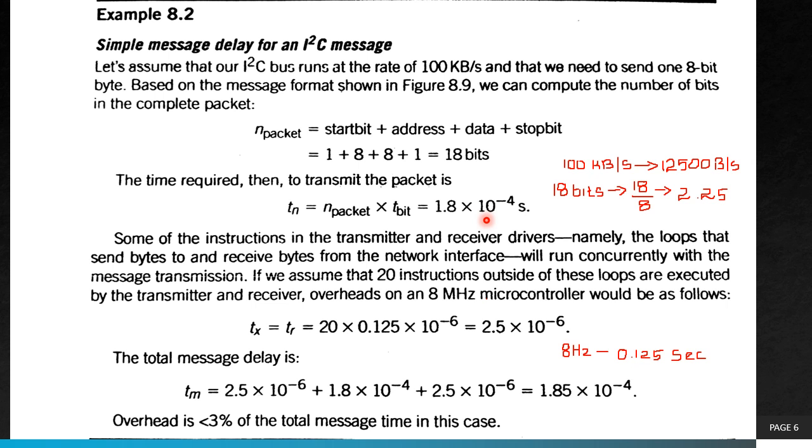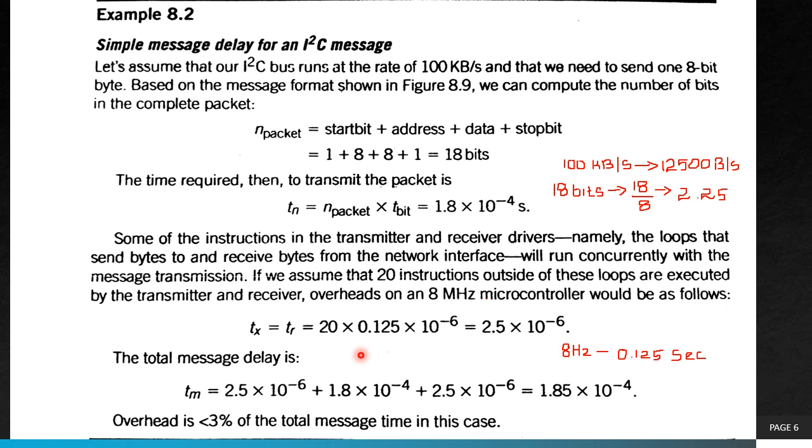We have to convert 8 megahertz into seconds since we have to calculate the receiver side overhead as well as the transmitter side overhead. So 8 megahertz is equivalent to 0.125 x 10^-6 seconds. Through the equation 20 x 0.125 x 10^-6, we obtain Tx and Tr, that is 2.5 x 10^-6 seconds.